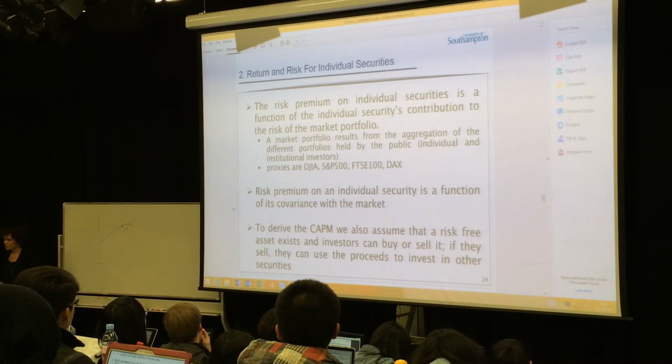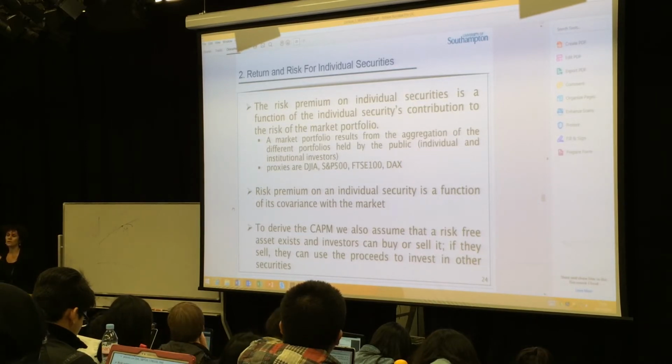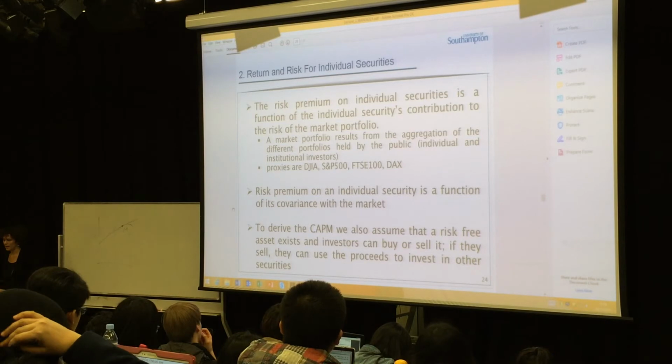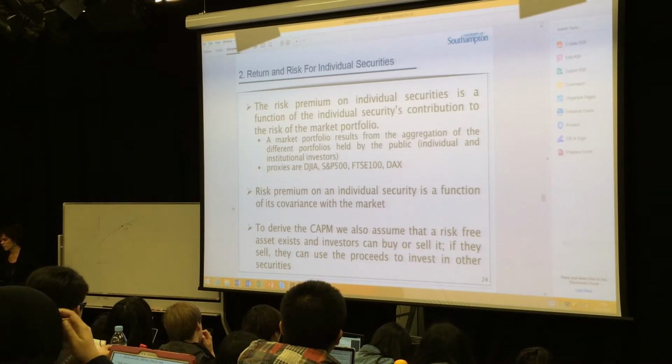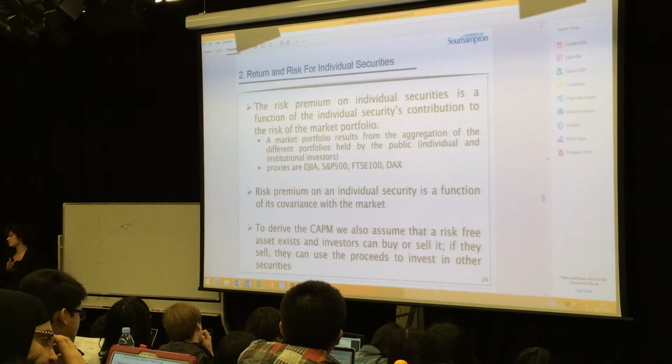Now we try to understand how the capital asset pricing model allows me to define an equilibrium between risk and price for a security i. We will try to understand how the formulas come up, now that we know the assumptions and what the market portfolio is.